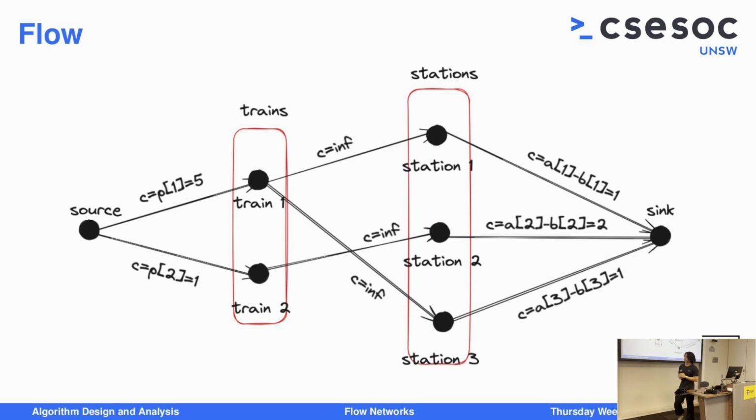Short question. Instead of infinity, can it be the remaining capacity at that station? The remaining capacity at that station. Because you can't send more than that to that station. Multiple trains can be connected to one station. Let me think about this.